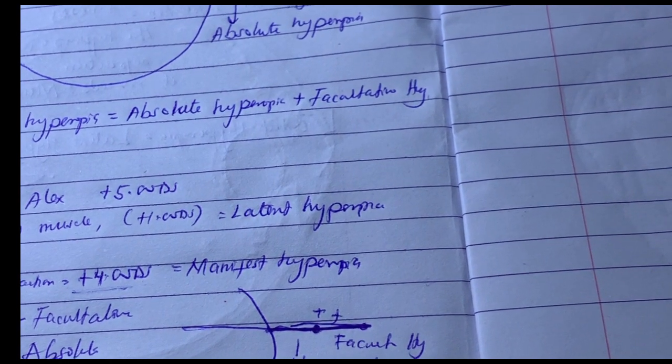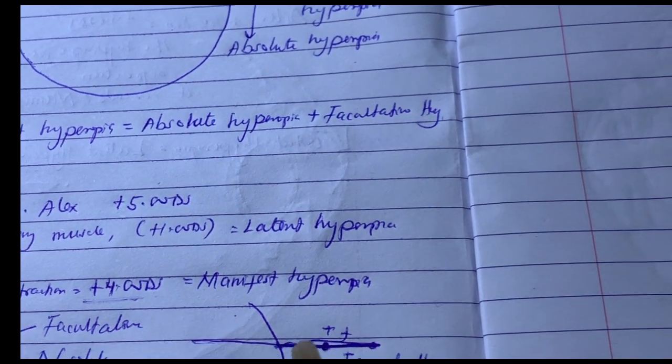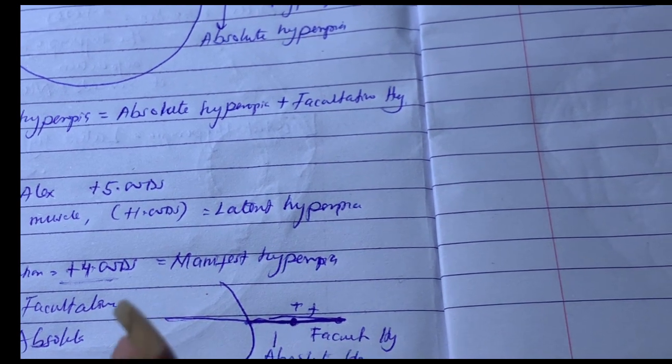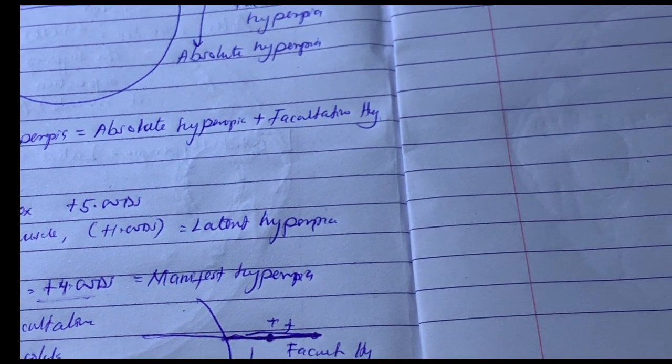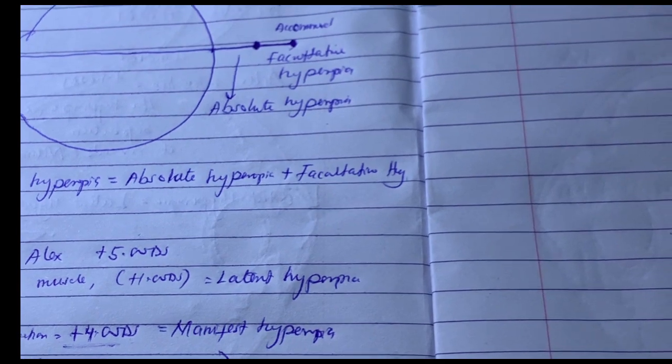So now you know latent, manifest, facultative, absolute, and total hyperopia.